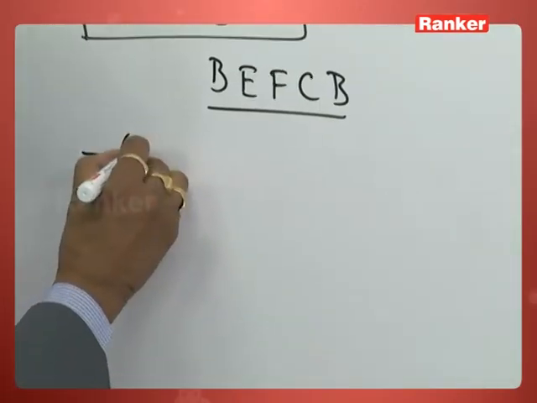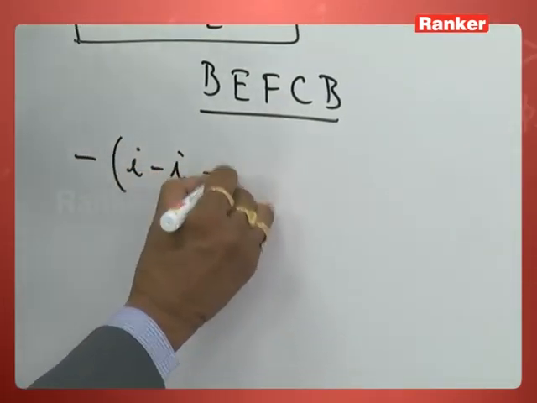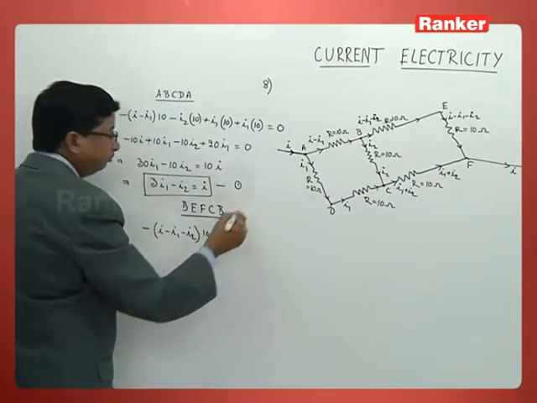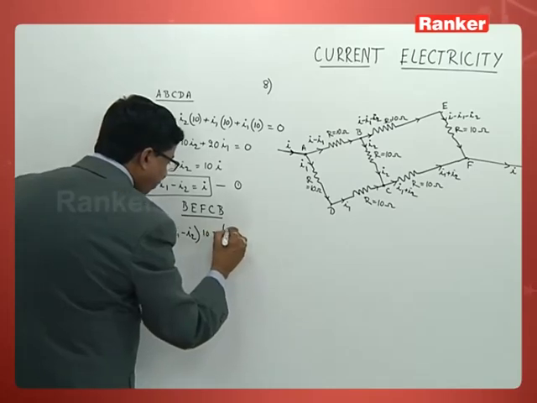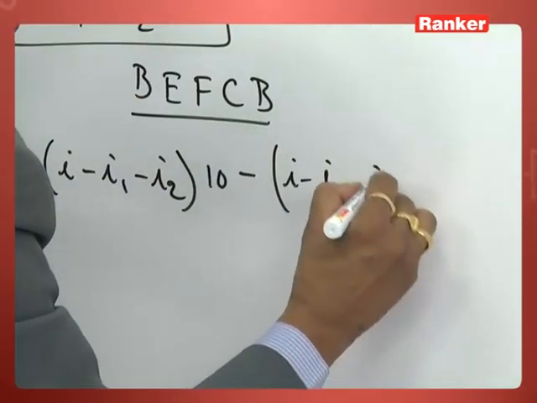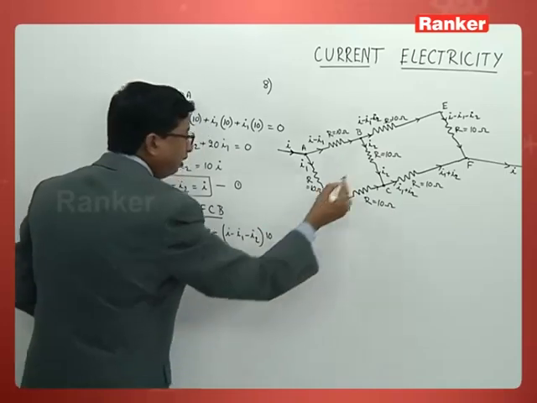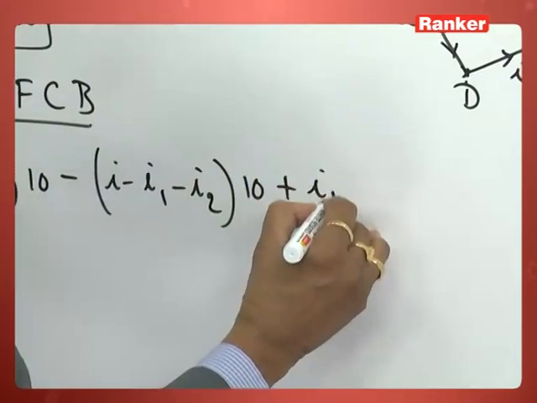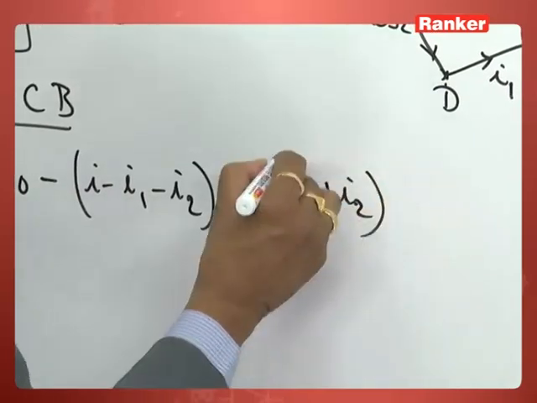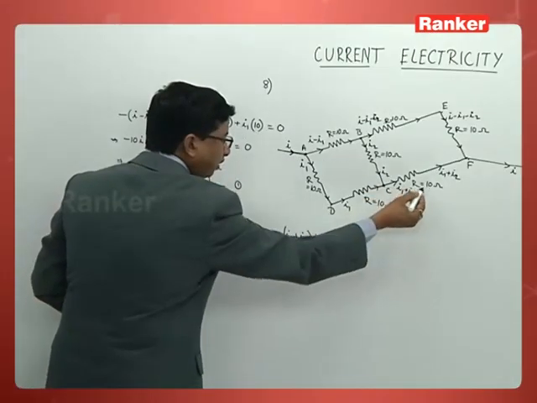Minus I minus I1 minus I2 into 10. This value. Next. Minus I minus I1 minus I2 into 10. Again this value. This one plus I1 plus I2 into 10. This value.